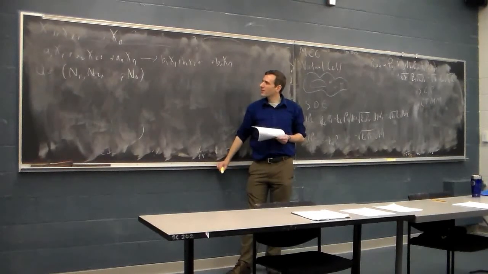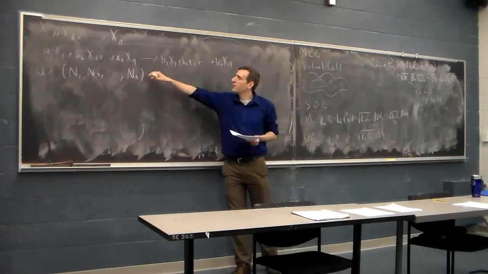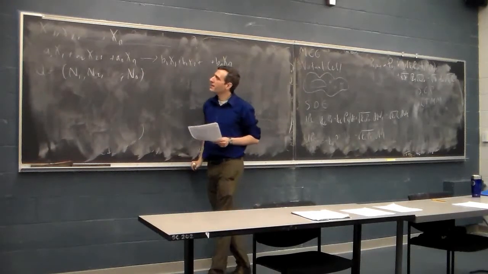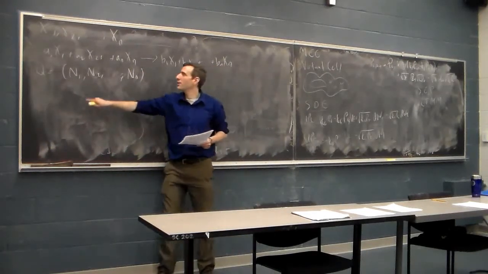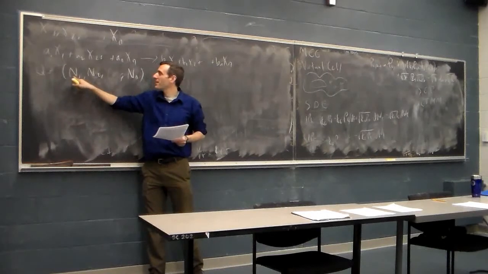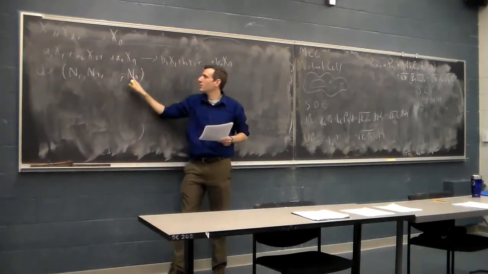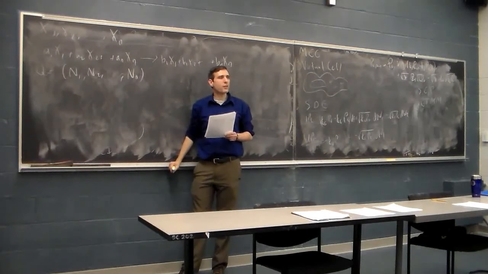And the basic state transition is not really that complicated. We would say if you have this generic reaction that we're trying to implement, then a transition is possible if n1 is at least a1, and n2 is at least a2, and nn is at least an, and so forth.